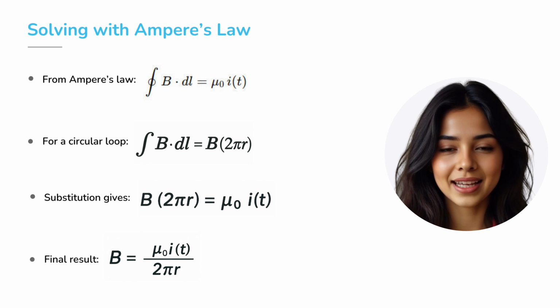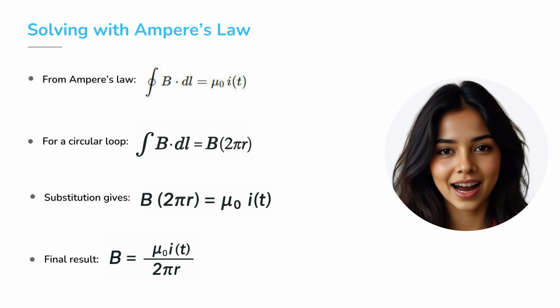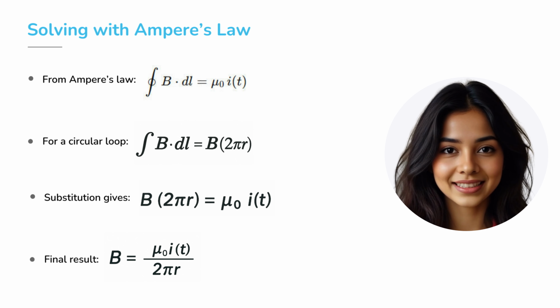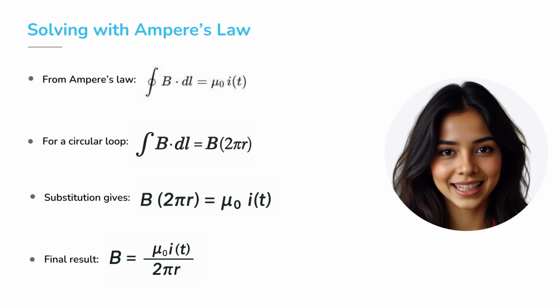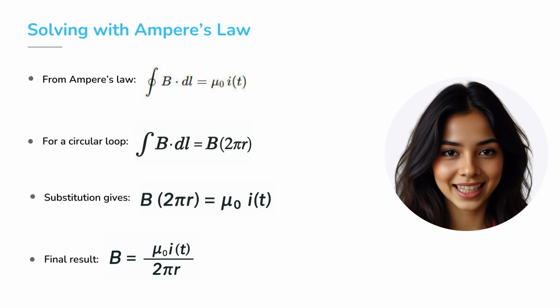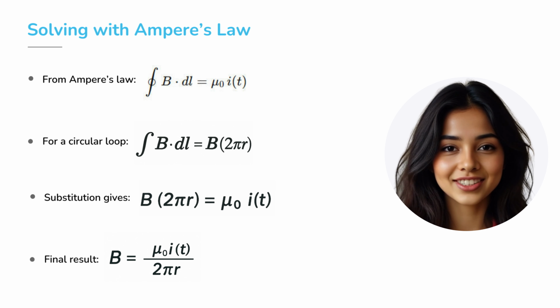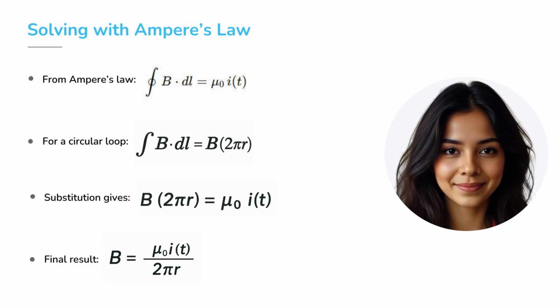Rearranging, we get B equals mu naught times I of t divided by 2 pi r. And there we have it. The magnetic field at distance r depends on both the current flowing and the radius of the loop. This makes sense physically. The farther you are from the current, the weaker the magnetic field gets. Just like how the sound of music fades as you walk away from a speaker.